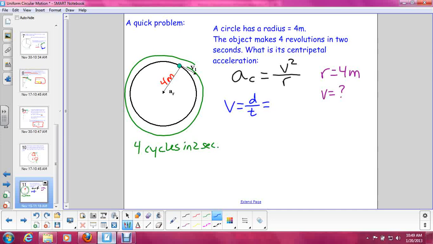So the distance that the object travels when it goes all the way around the circle and comes back to the same point is the circumference, right? The object starts here, it travels all the way around and comes back, and that is the circumference. That is how far it goes. And we calculate circumference with the equation 2 pi r.